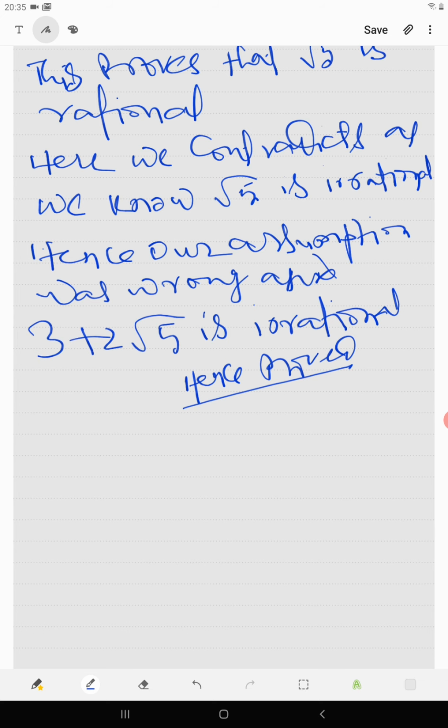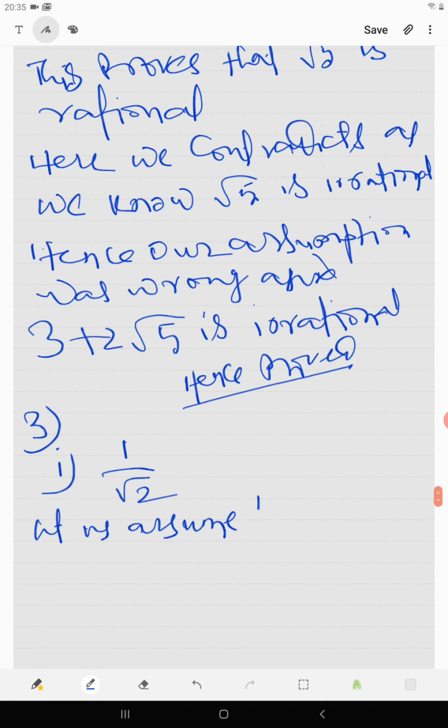Okay, let's move on and do our third problem. In the third, the first question is 1 by root 2. Again, all the problems we are going to do with the normal contradiction method only. So let us assume 1 by root 2 is rational.